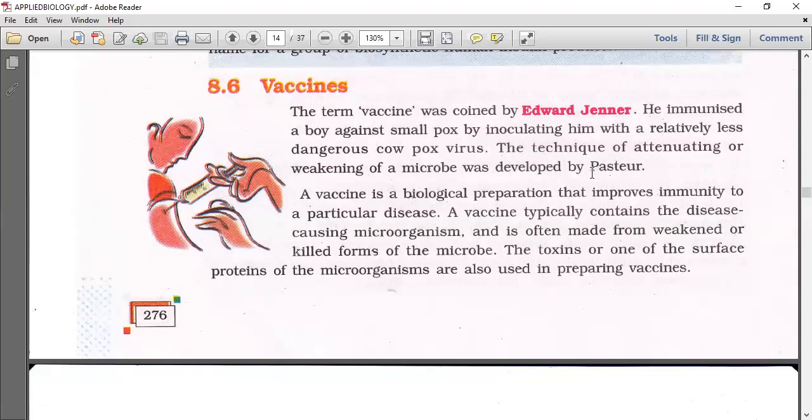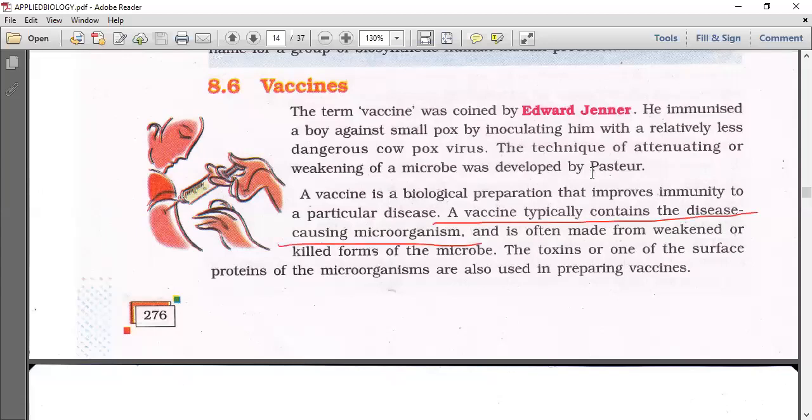A vaccine is a biological preparation that improves immunity to a particular disease. A vaccine typically contains the disease-causing microorganism. That is a very important line. In any vaccine, in the corona vaccine, what will we find?